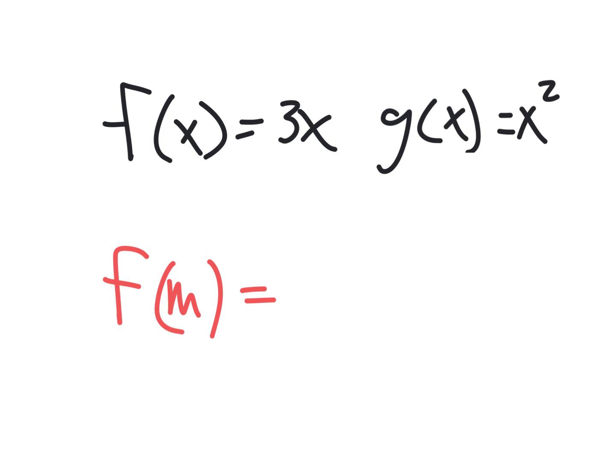Well, it's really only one place to put it. F of m, and if I just did that, all I did is label it. F of m is, well, you got to put it here also. 3m.